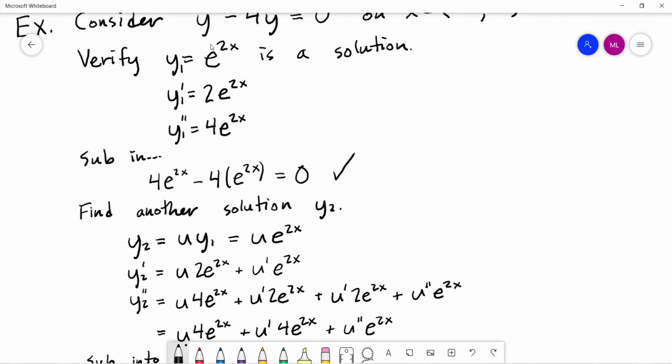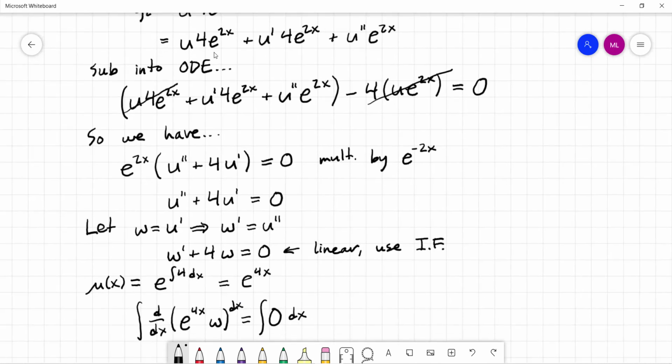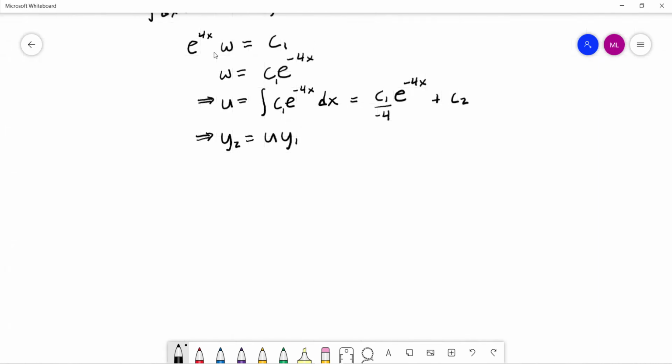Here we go, e to the 2x. So this is going to be u times e to the 2x, but we already found our value of u. Remember, we get to pick the c1 and c2 that make this convenient. We don't want to totally wipe everything out, so we've got to be a little bit clever about how we're going to pick these things.